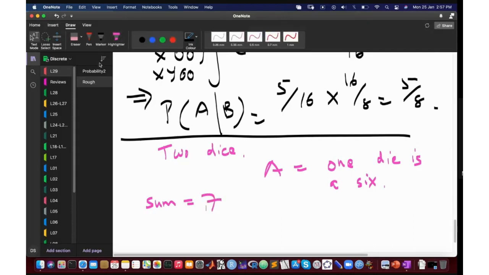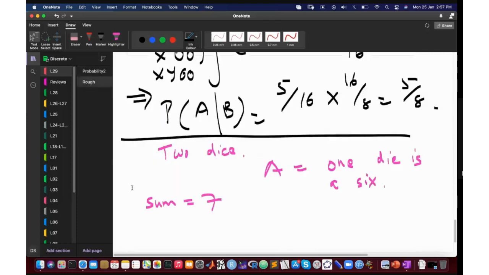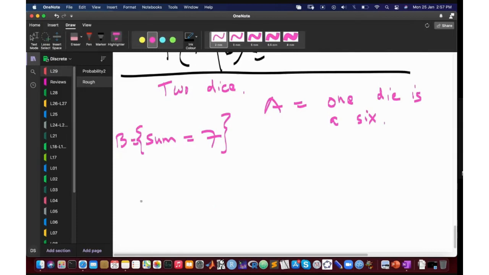This was it, right? Okay, so let's call this event B. B is the event that the sum of the two dice is 7. What do you guys think should this probability be? I'm going to write down your guess and we'll talk about it later.